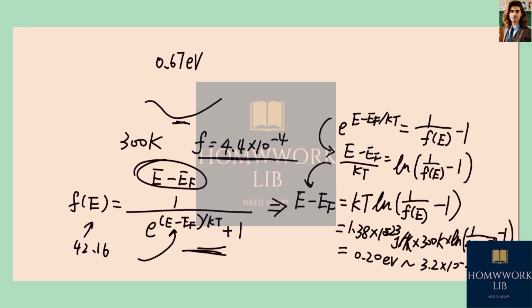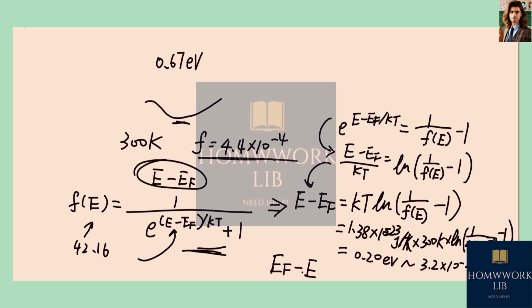So this is E minus EF, and the Fermi energy relative to the conduction band is EF minus E, and this is 0.2 electronvolts.